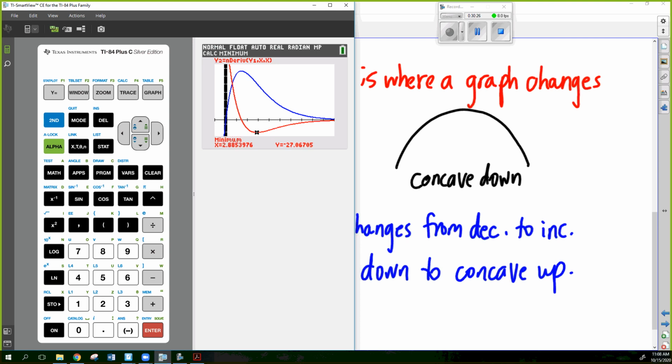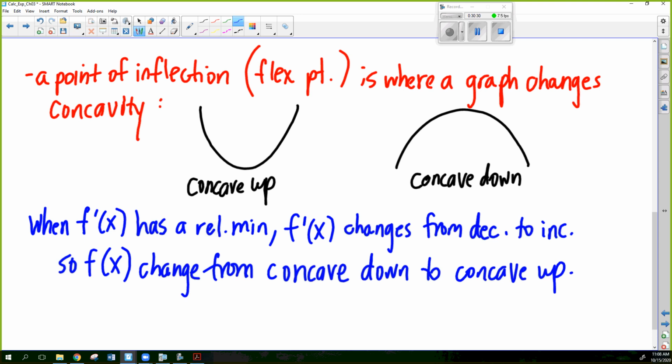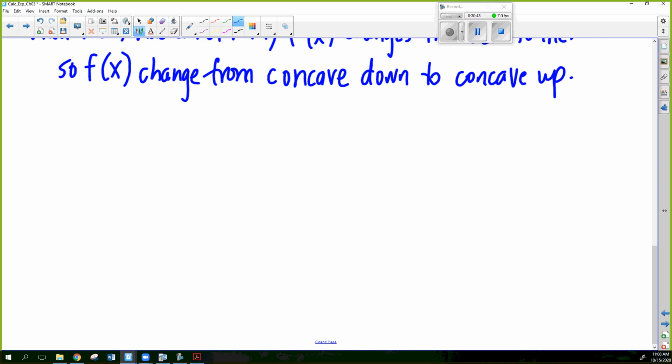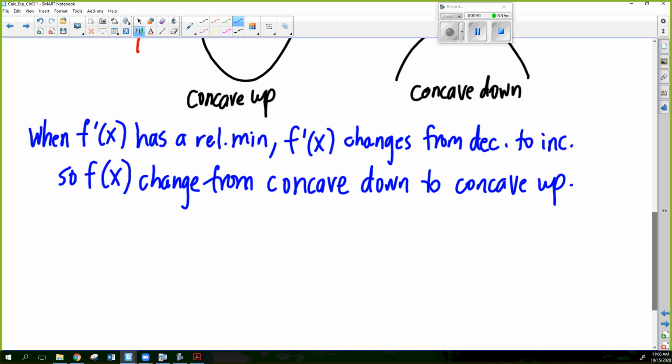So you have to be able to make the connections between the derivative and the original, and now we're going to talk about the second derivative, because you can take the derivative more than once of functions. So what happens when f prime has a relative max? The opposite, that's right.